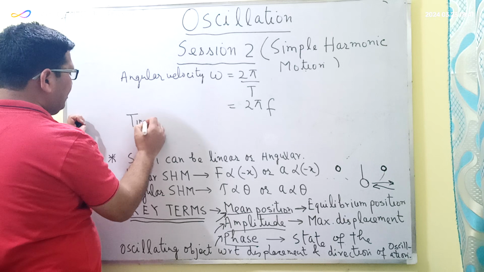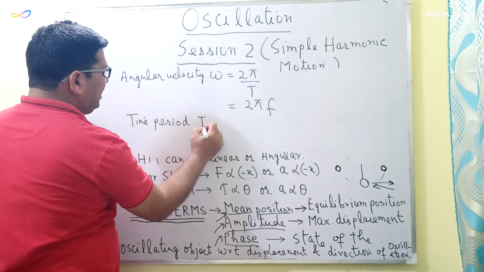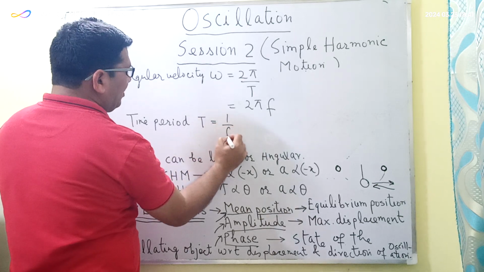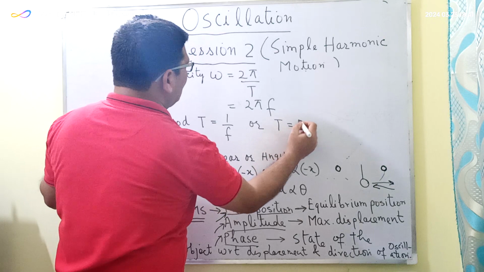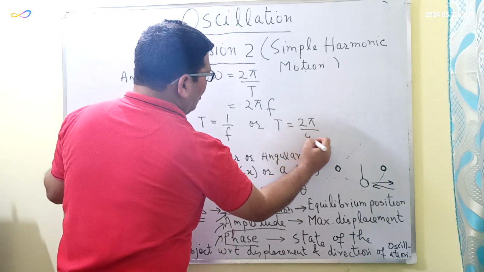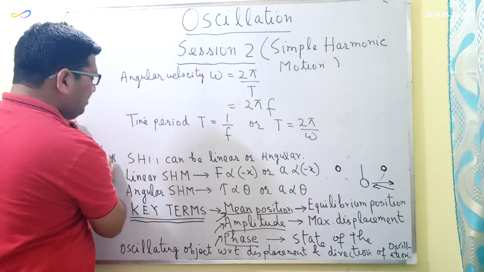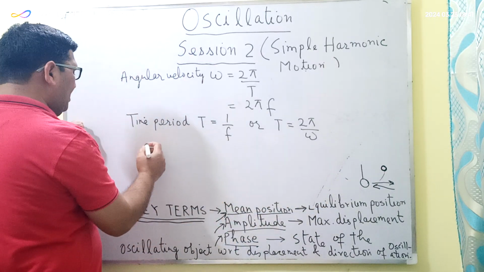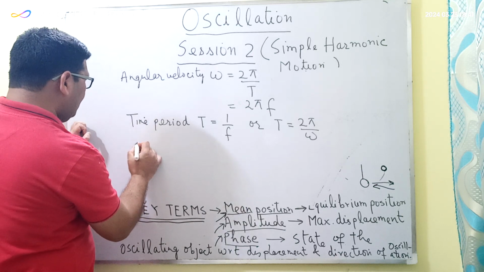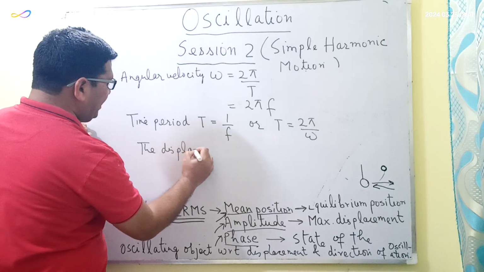Time period T is equal to 1 by f, and this can also be written as T equals 2 pi upon omega. Now the next important thing, the displacement of an object.